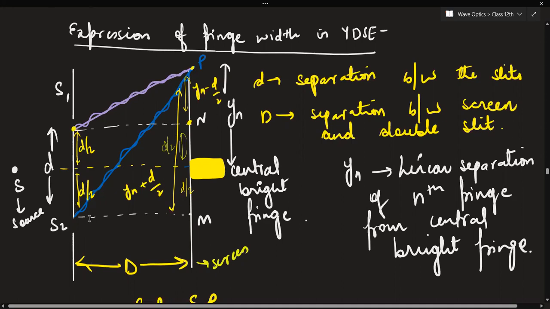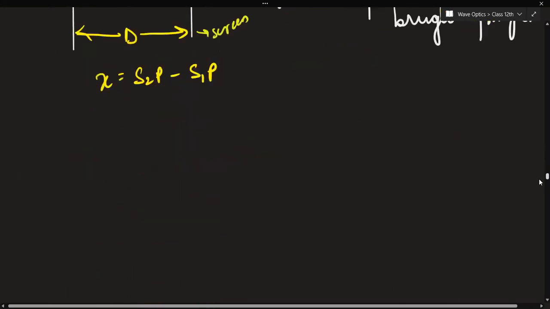And path difference is S2P minus S1P. Using triangle S1PN, I can find the value of S1P by Pythagoras theorem. S1P whole square will be equal to PN square plus S1N square. Similarly, I'll be able to find S2P: S2P square is equal to PM square plus S2M square.